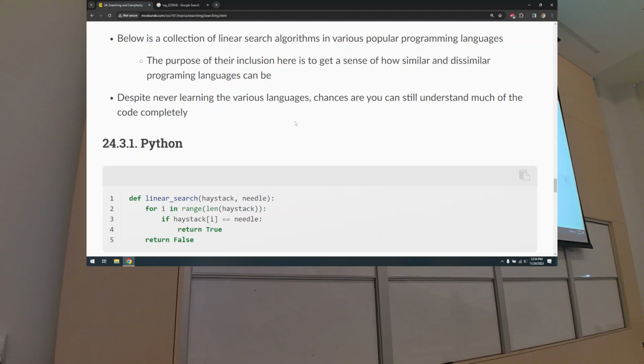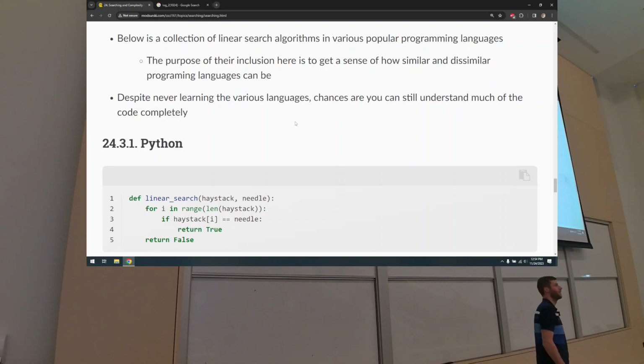Then we have an if statement that checks if the thing at index i is what I'm looking for. If haystack at index i is equal to needle, we return true. And if we finish that loop and never return true, we return false. That's the Python code.